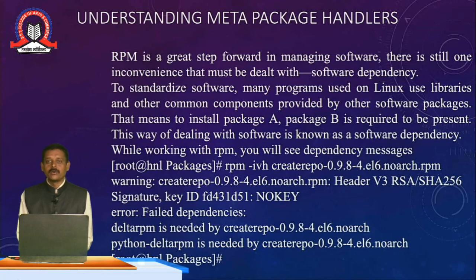For installing one particular package, we might need another package. While working with RPM, we can check these dependency messages, which are not available with the previous process or system we used to install software in Linux.